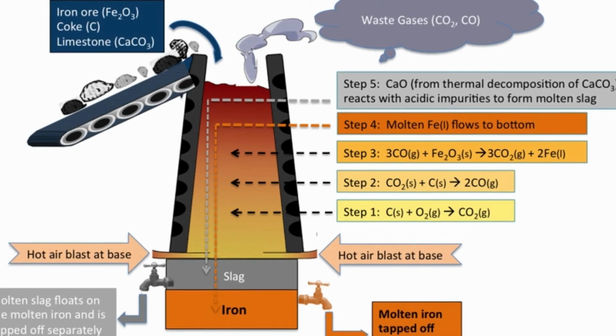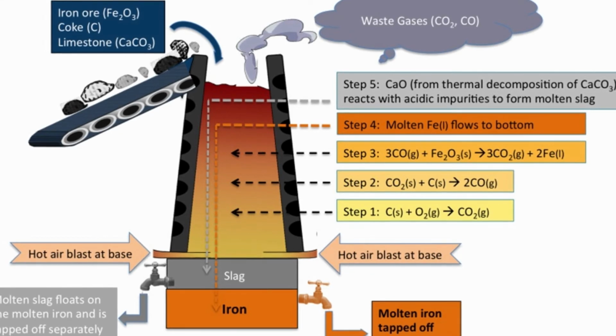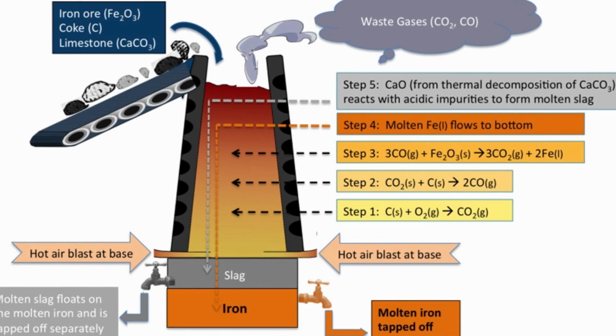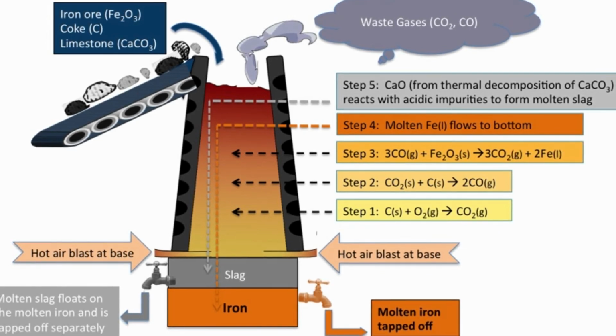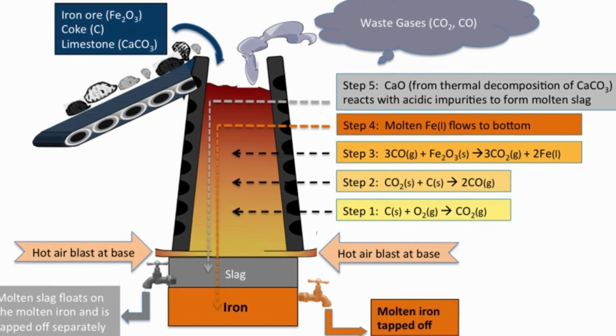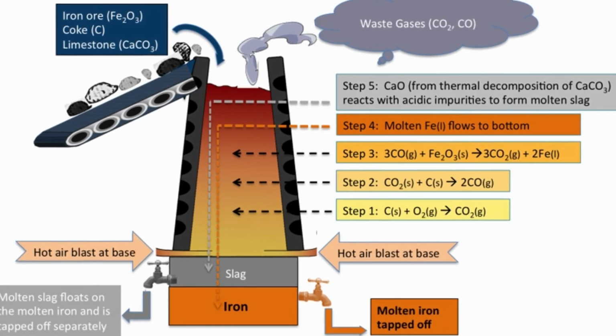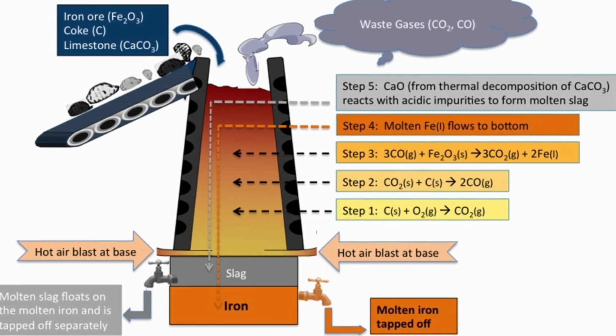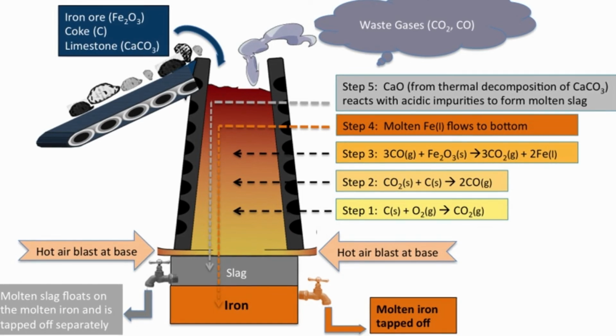As a result, temperature in the lower region of the furnace will rise up to 2000 degrees Celsius. The carbon dioxide produced in the lower region will rise up to the middle region and there it will react with the unburnt coke to produce carbon monoxide. This carbon monoxide produced in the middle region will rise up to the upper region and there it reduces the iron oxide to spongy solid iron.